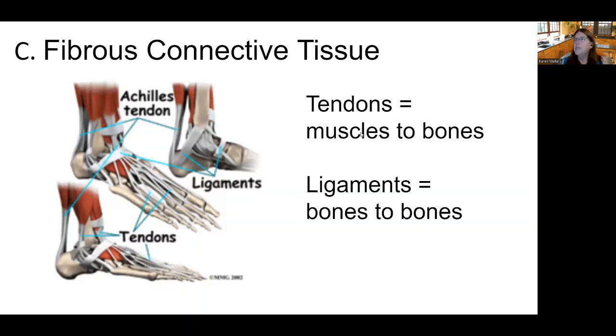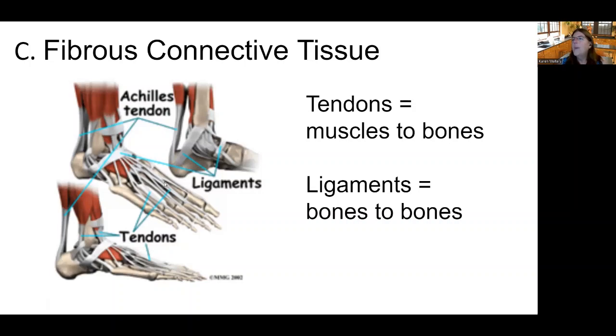So tendons, remember, connect muscle to bone. For instance, your huge Achilles tendon that connects the back of your gastrocnemius, your calf, to your calcaneus. So your heel is actually attached to your calf muscle, which is how you walk, right?